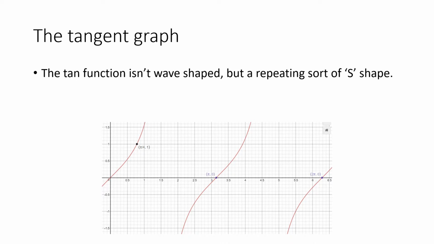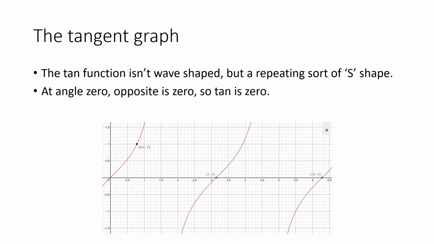Now the tangent function isn't wave-shaped, but it's sort of like an S shape almost, and it repeats. So at angle 0, when we're pointing at the right-hand side of the circle, the opposite edge is 0, so 0 divided by anything, for TOA, O over A, that's going to be 0. So tangent starts at 0 as well.